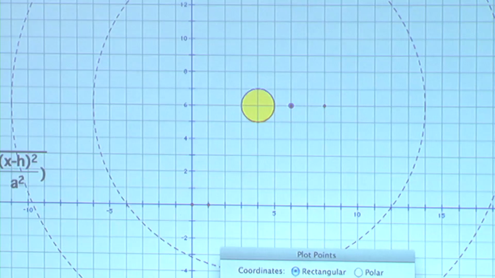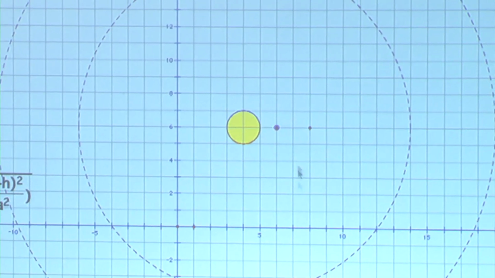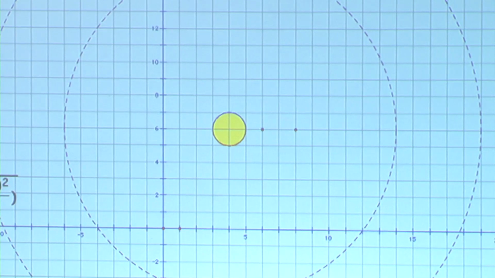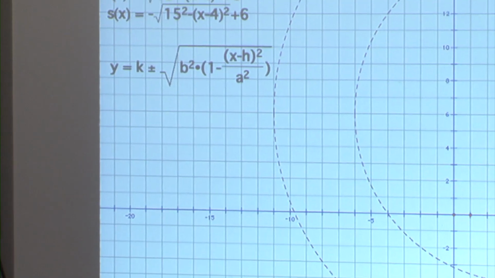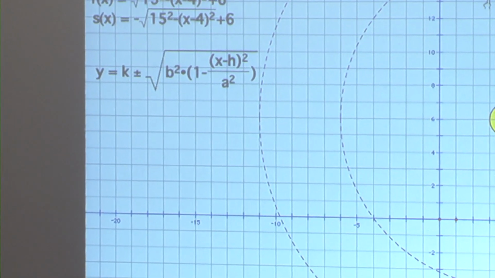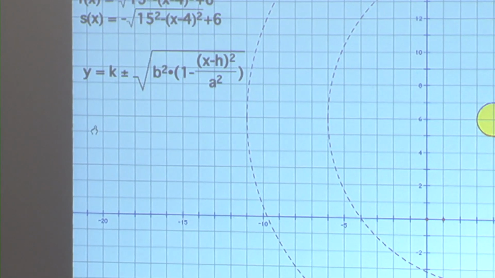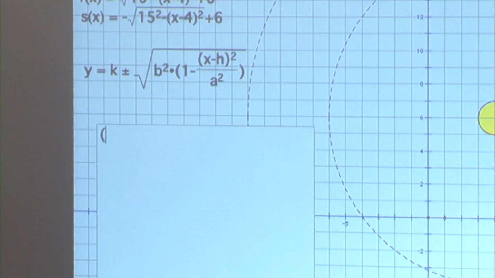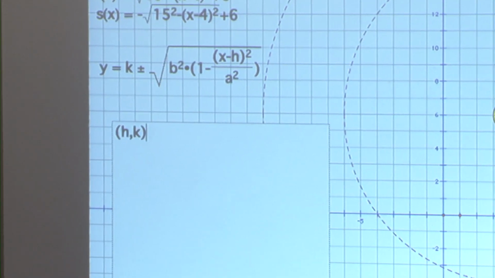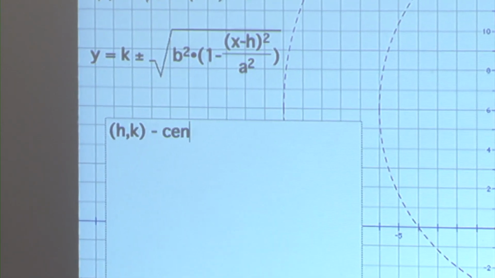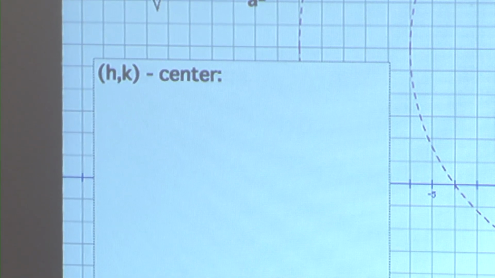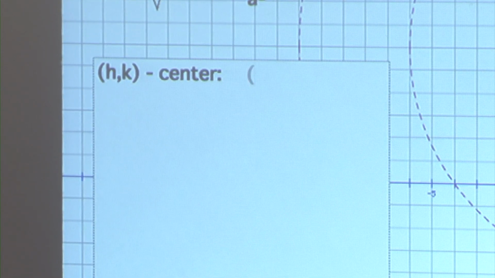Okay, so that's the center of my ellipse. Small ellipse. Okay, so from that, are these just random? Not completely. So H, K is the center. So that means my center is at 6, 6.